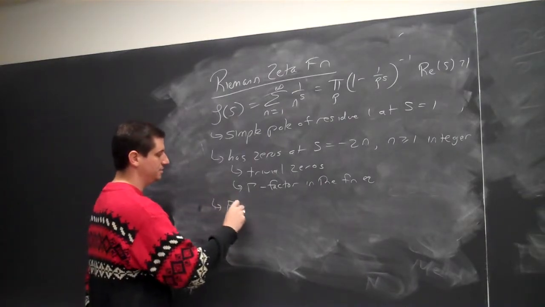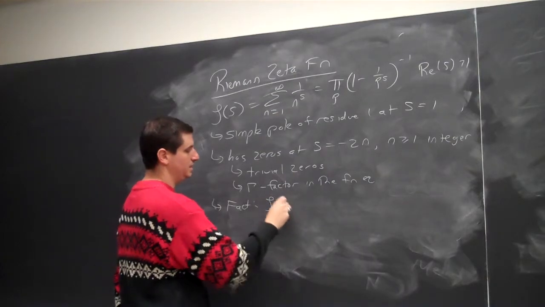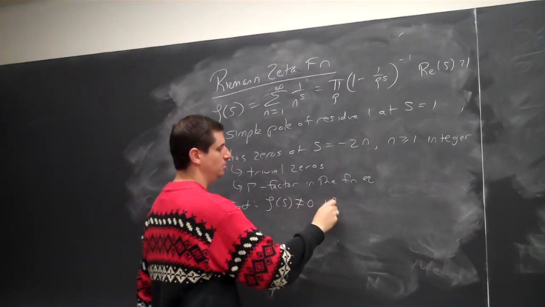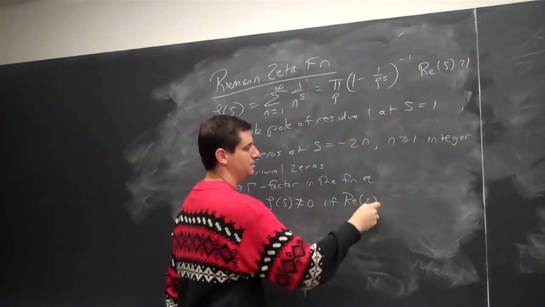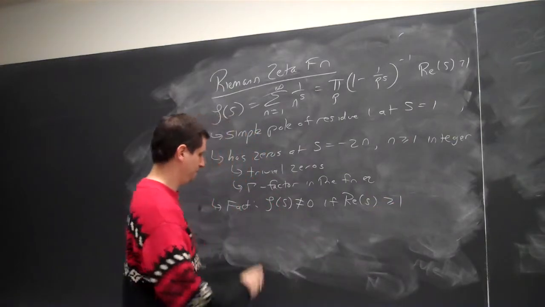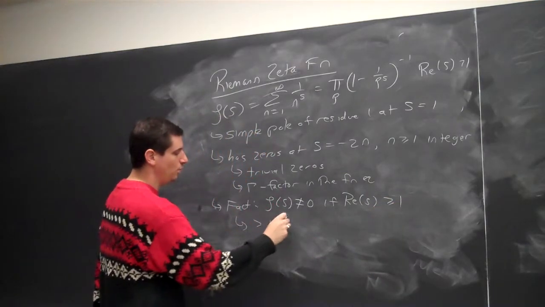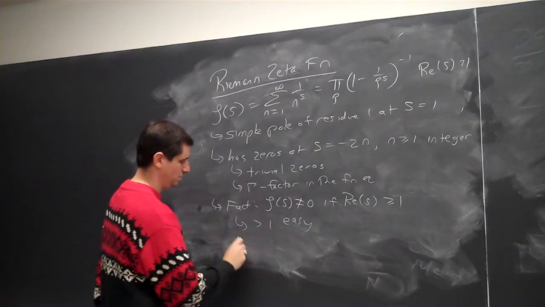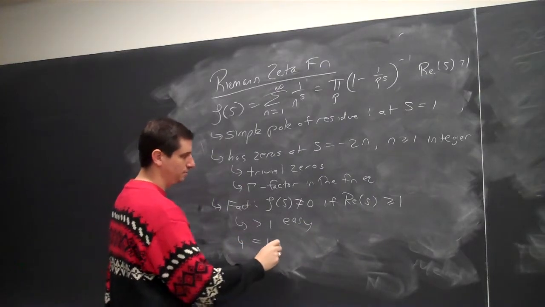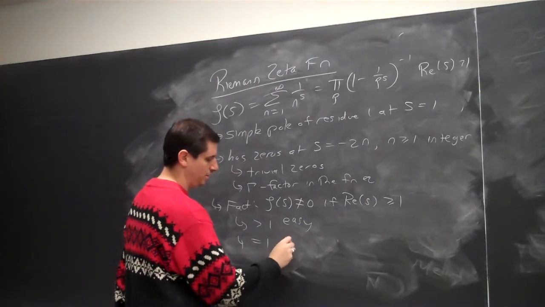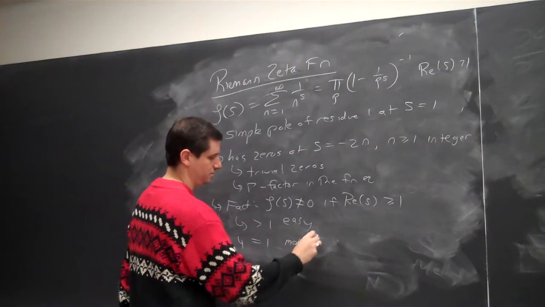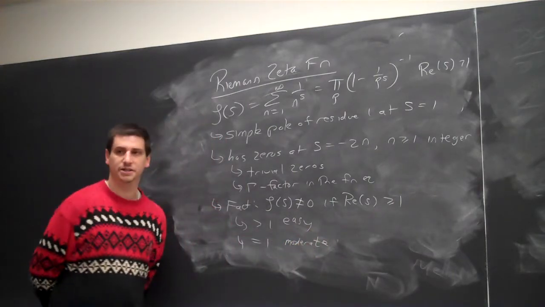So in fact, zeta of s does not equal 0 if the real part of s is greater than or equal to 1. Greater than 1 is easy. Equal to 1 is moderate. There's a clever idea.